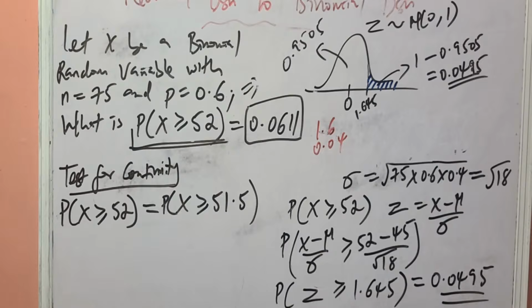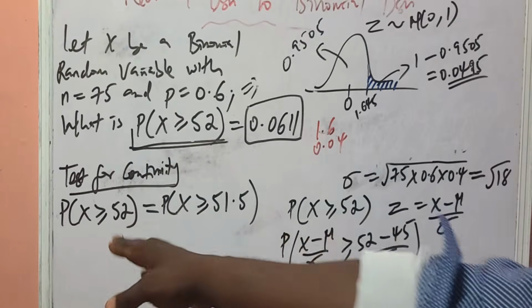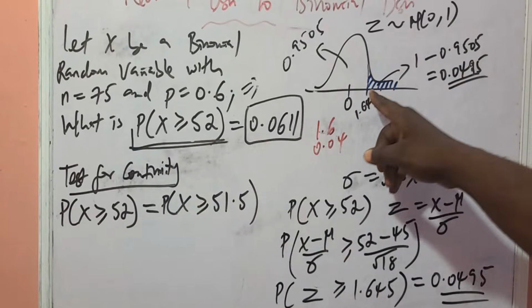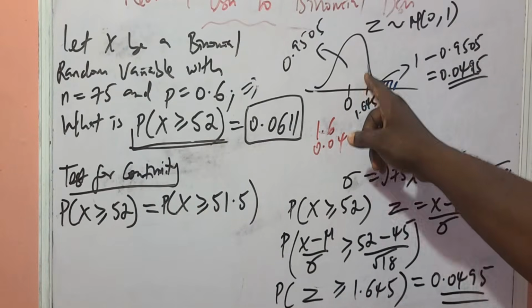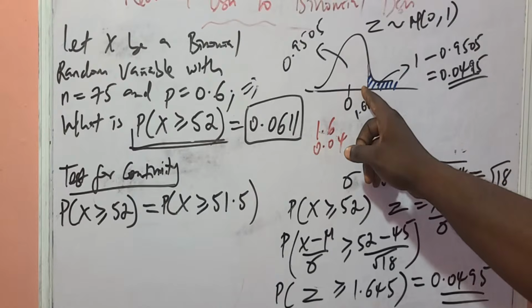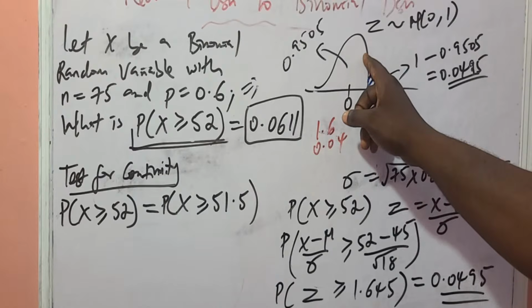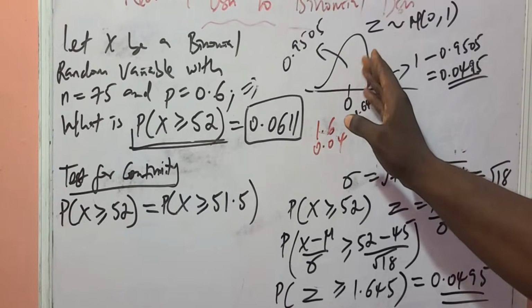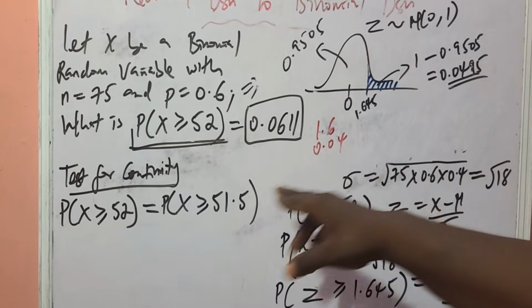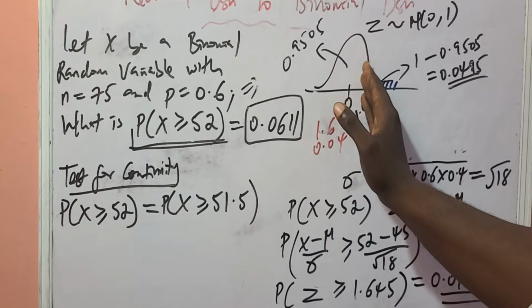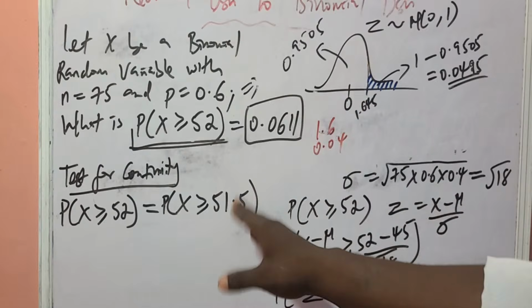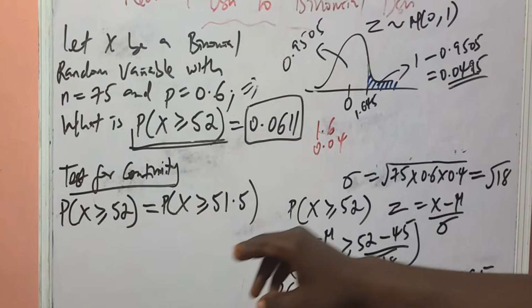In order to ensure that we cover all the areas from 52 upward, we're moving to the right in this case because it's greater than 52. So instead of starting all from here, we would be coming just a bit backwards to pick all the areas. In this case, we will be very strongly including 52.